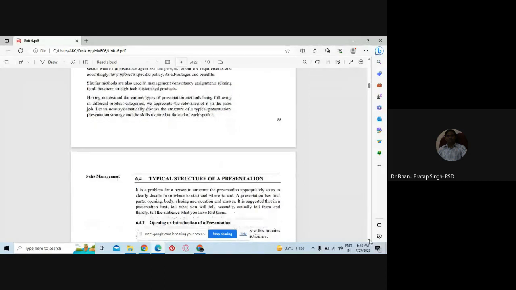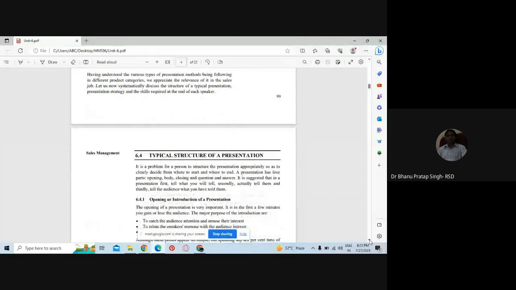Next is the typical structure of a presentation. Every topic that has to be delivered to the public has a structure. If we talk about the medical field, where a medical representative has to prepare a presentation, there is a structure of presentation.